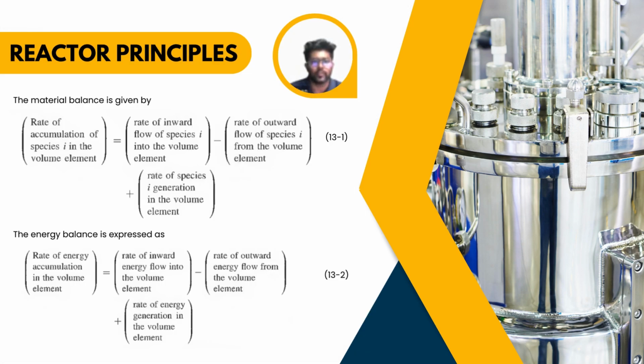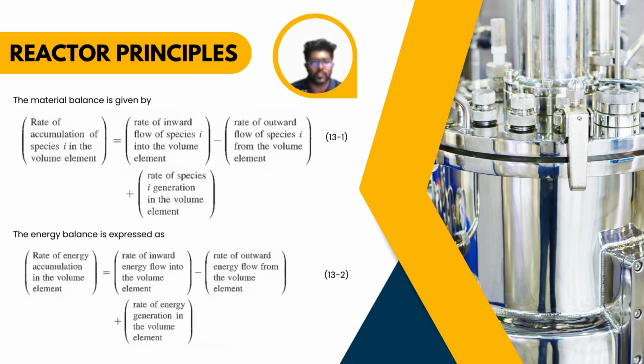Moving on to reactor principles, the material balance for reactor is given by rate of accumulation of species i in the volume element is equal to rate of inward flow of species i into the volume element minus rate of outward flow of species i from the volume element plus rate of species i generation in the volume element. This is equation 13-1.